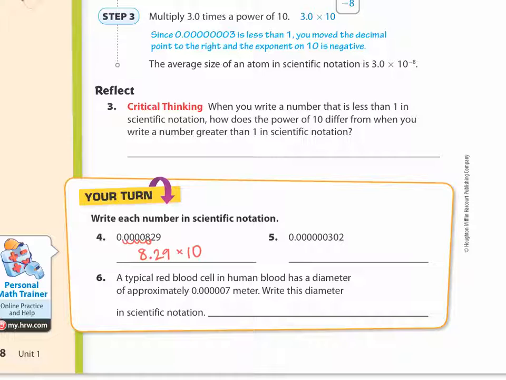Since I started off with the super small number in standard notation, my scientific notation has a negative exponent. Number 5. 1, 2, 3, 4, 5, 6, and 7. My scientific notation number, 3.02 times 10 to the negative 7.